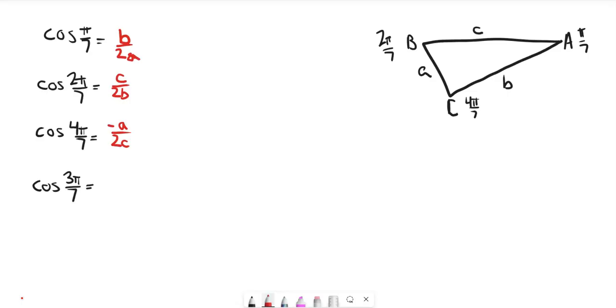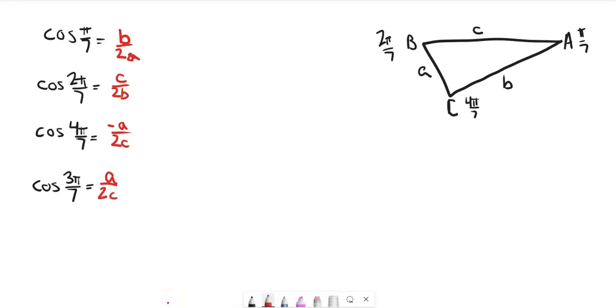And since the cosines of supplementary angles are negatives of each other because of the identity for that, we already have the obtuse version, 4 pi over 7, having negative a over 2c. So since 3 pi over 7 is acute, it's going to take the positive version, a over 2c.